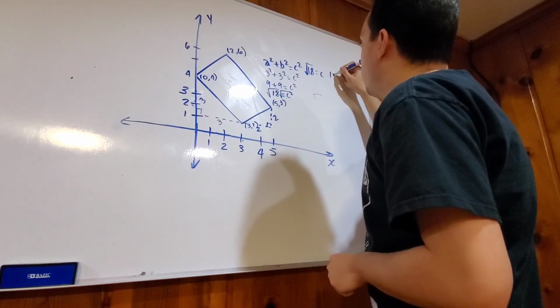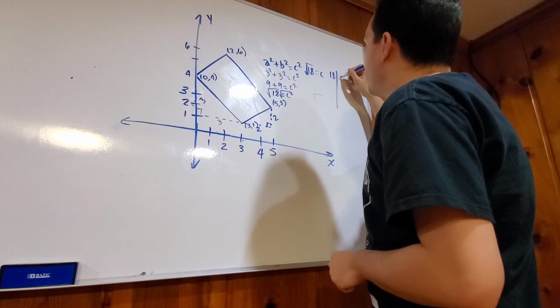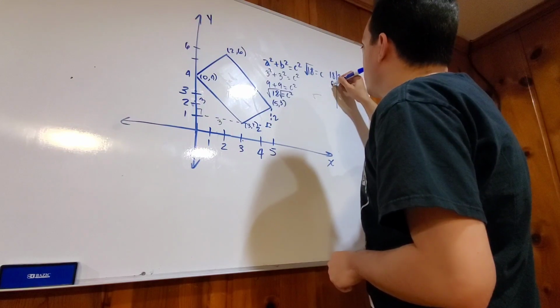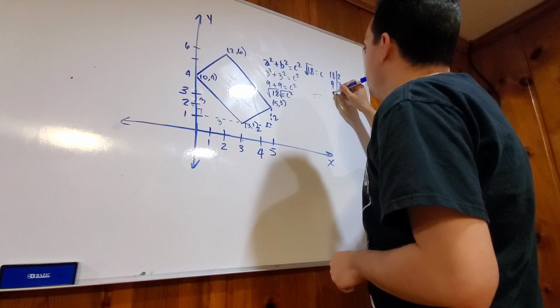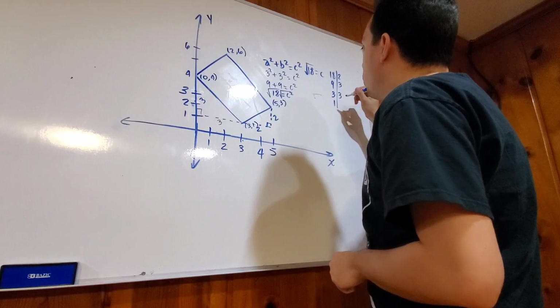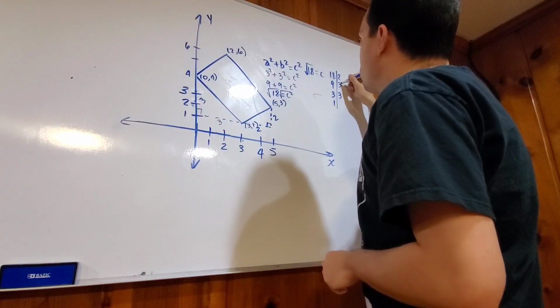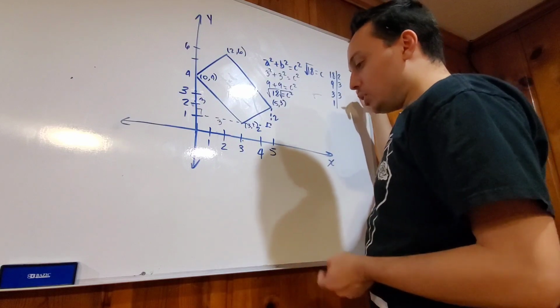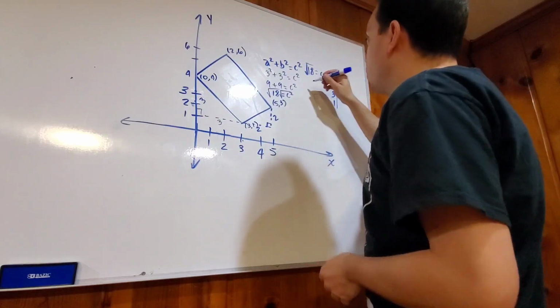So then we do quick prime factorization. 18 divided by 2 is 9, 9 divided by 3 is 3, and 3 divided by 3 is 1. So it's going to be 3 times 3, square root of 9 times 2 is 18, so that's where we get it from.